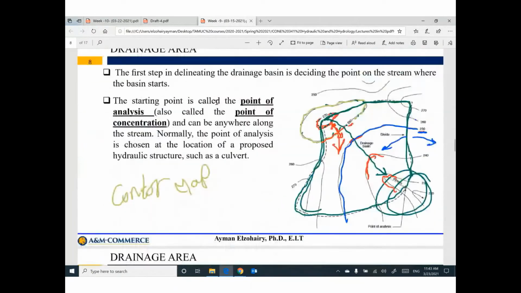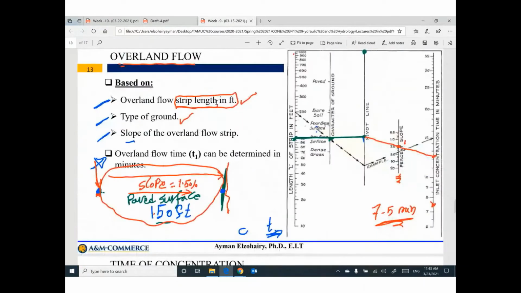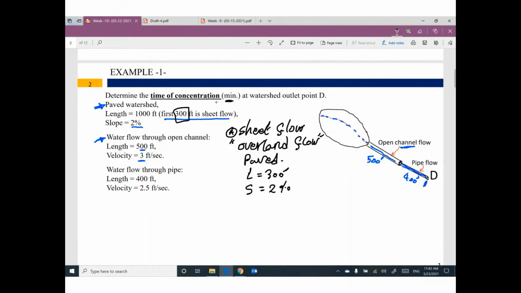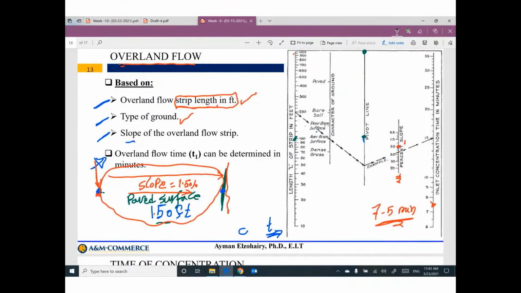If we have overland flow, I'm going to use this chart. Let's try. The length is 300. We are here. The type of surface is paved. From this point to this point, I will draw a line to intersect with the pivot line.